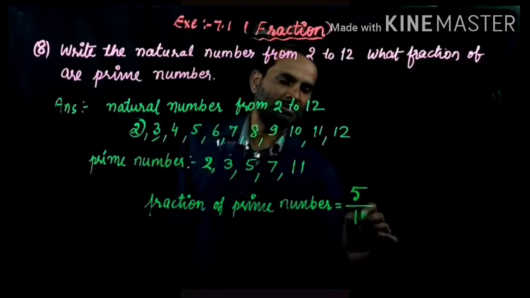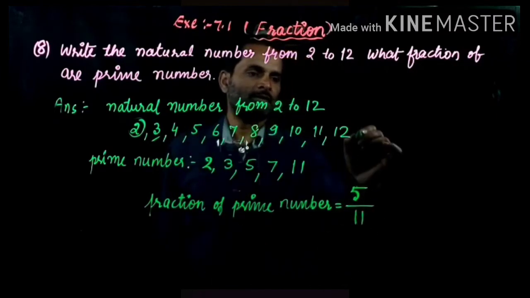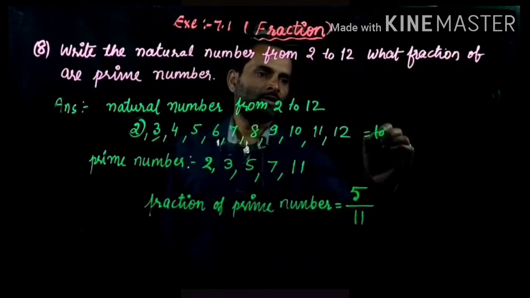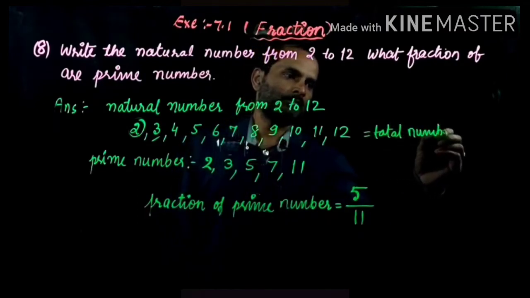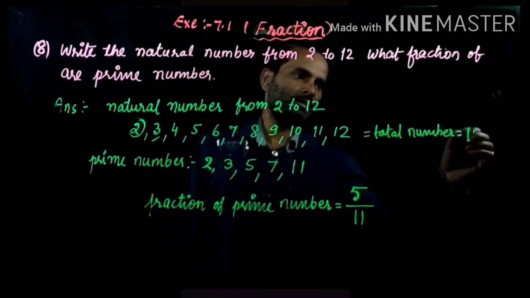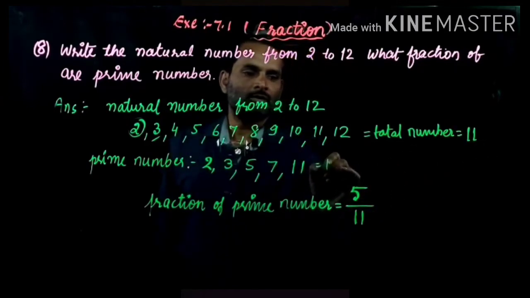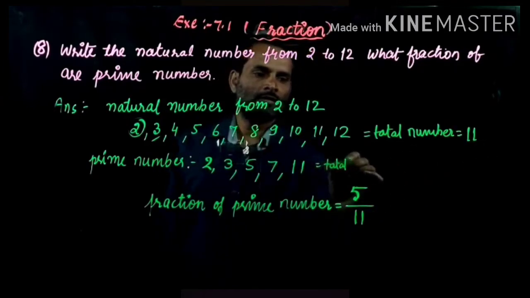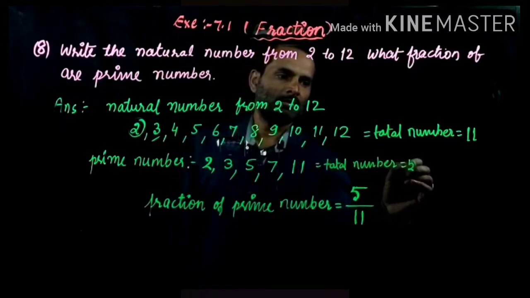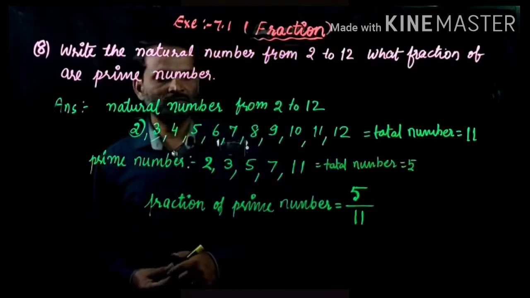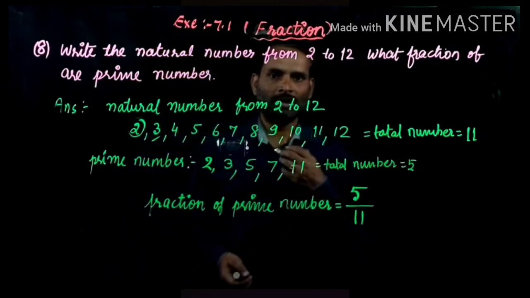The fraction is 5 upon 11. The total number is 11 and the prime count is 5, so the fraction of prime numbers is 5 upon 11.